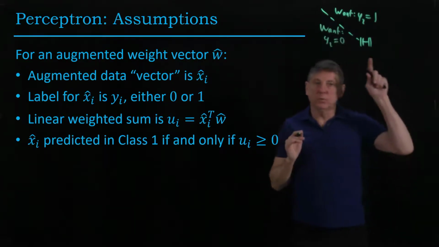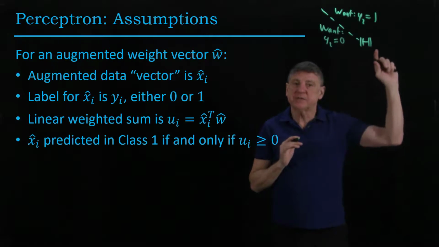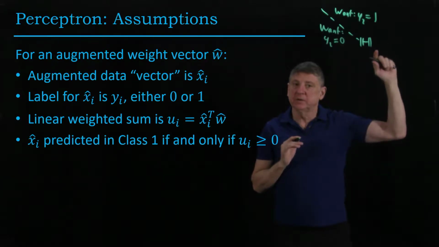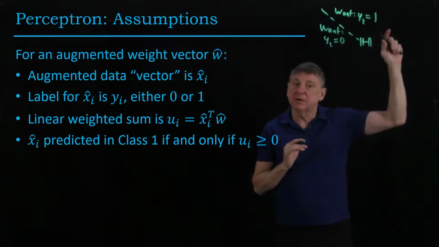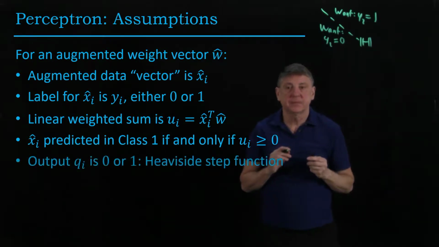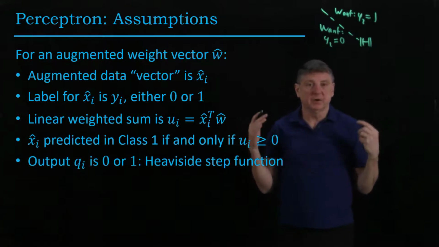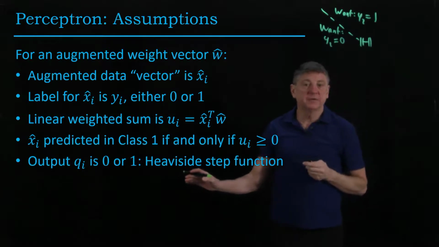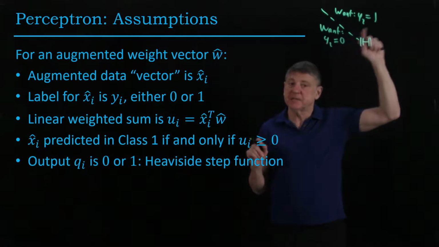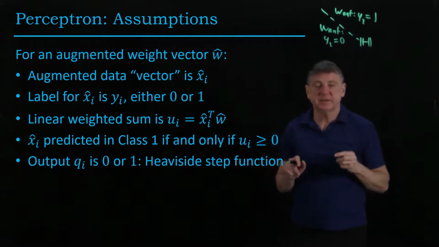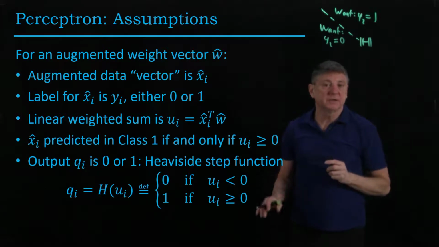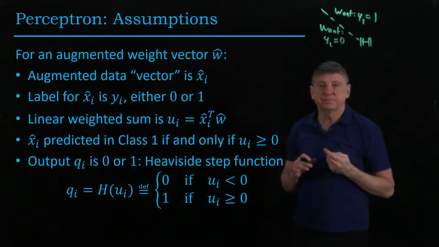So that's what we're trying to learn. And the question is, from our data, can we learn a separating hyperplane that causes this to happen? And the output of our artificial neuron will be either 0 or 1, to match these labels. And we'll use the Heaviside step function, which is something that we defined in a previous lecture.